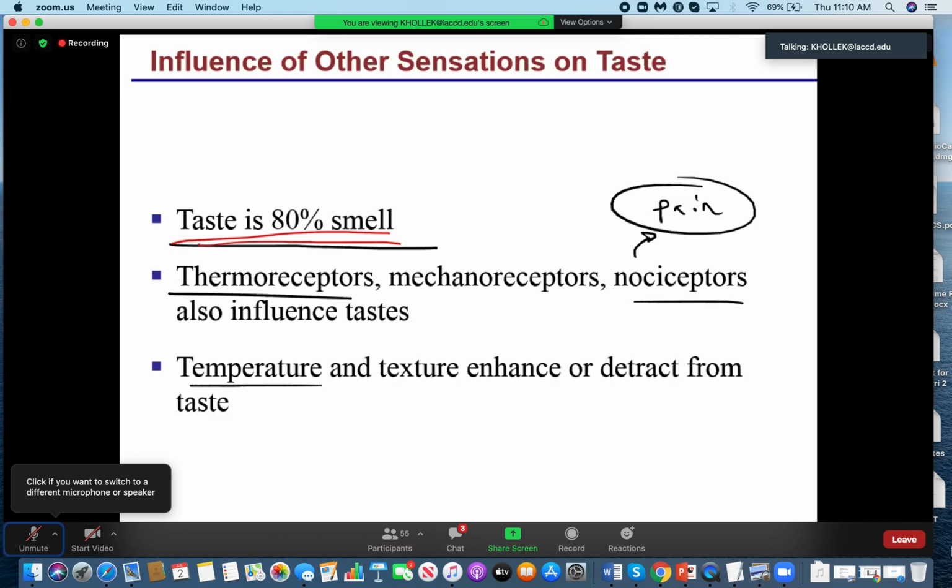You have nociceptors, which are for pain, something that is hot or spicy could create painful stimulation. So temperature, they're all playing an important role when it comes to taste.